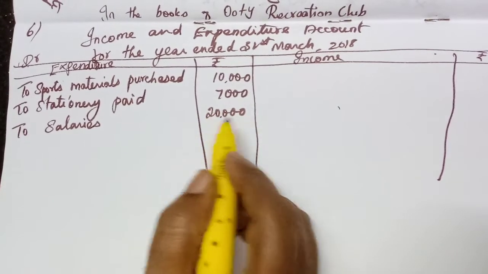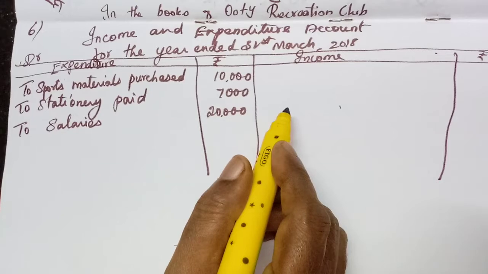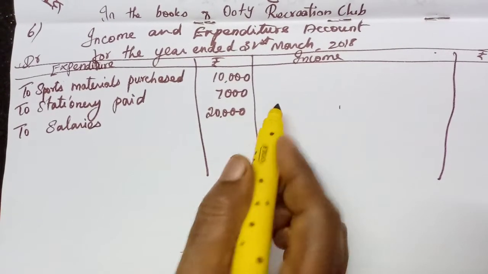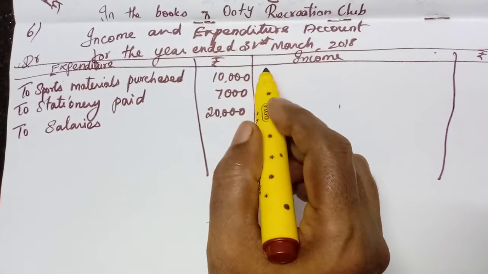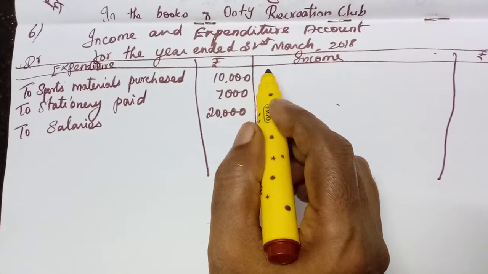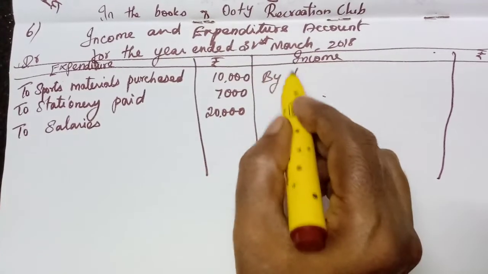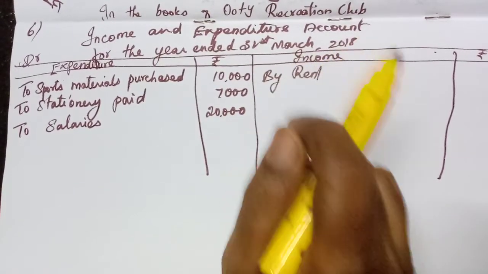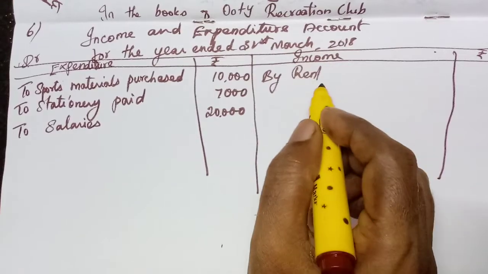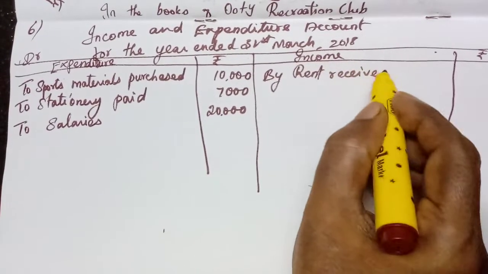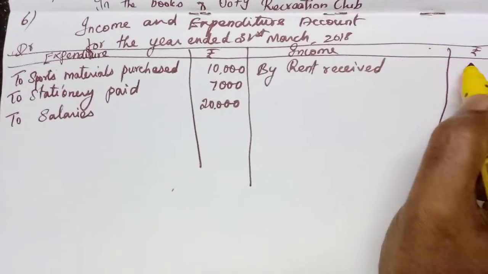Now we will go to the other side. Income side, the credit side we have to see in the problem. Receipt side. So the opening balance should be omitted. Second one, rent received. Here we have to write by rent received, 10,000.